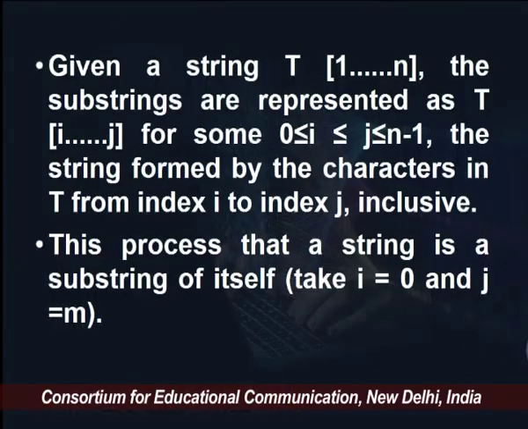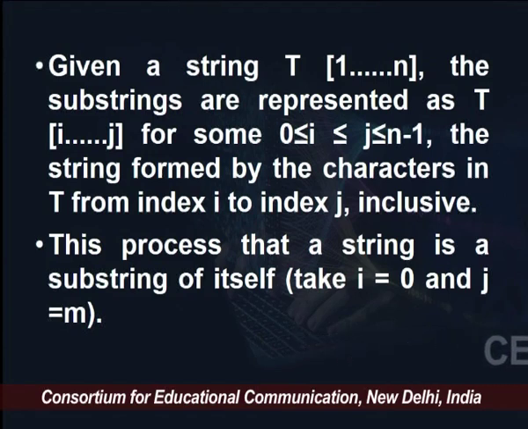And what are this P and T? Let me give you a quick recall: whatever the elements of P and T are, they are characters drawn from some finite alphabet. That finite alphabet could be the characters of any language, it could be 0 and 1, or it could be something from bioinformatics. So we are given a string T of length n.